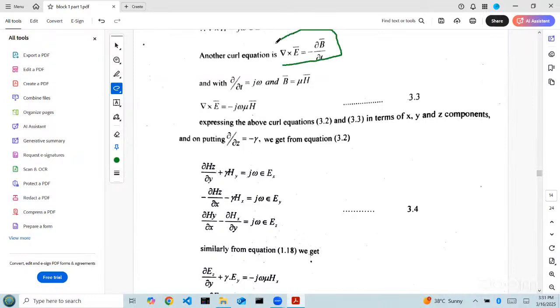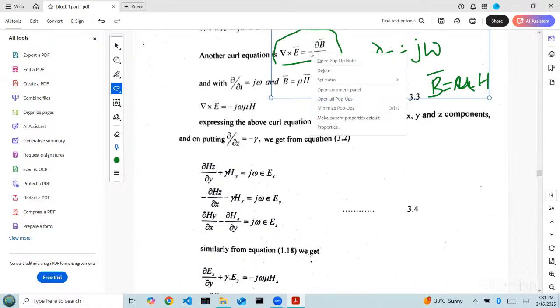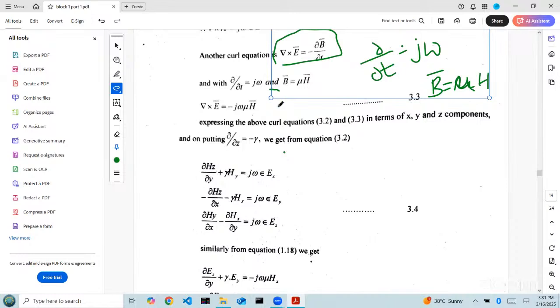Maxwell: del cross E equal to minus dou B by dou T. Here again, take dou by dou T as J omega and B as mu H. Substitute these two in the equation. What will we get? We already have the minus sign, so we will get equation 3.3.